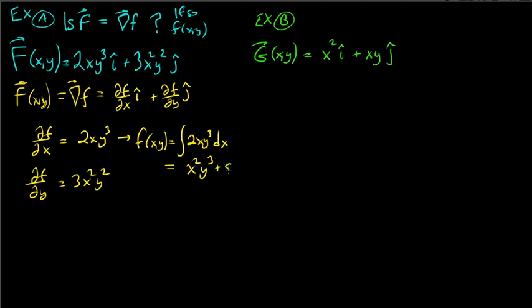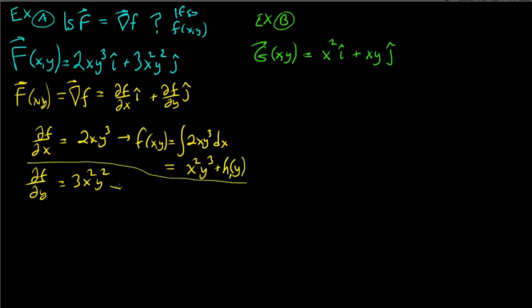If I add sine of y here and take the derivative with respect to x, the derivative of sine y is 0, because we're treating y as a constant. So I'm running out of letters here. How about little h of y?